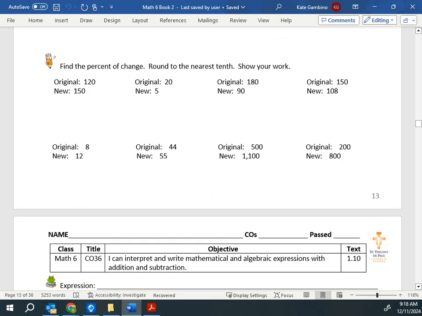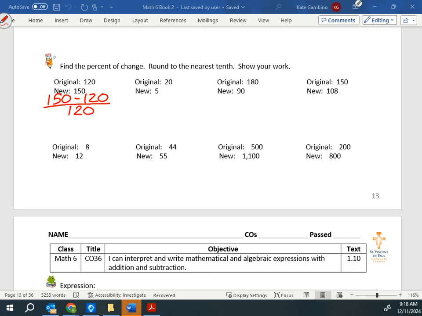Find that percent of change. Exact same thing that we were just doing. Look at your original number, look at your new number. How would I write the formula for this one? Lila? Very good.